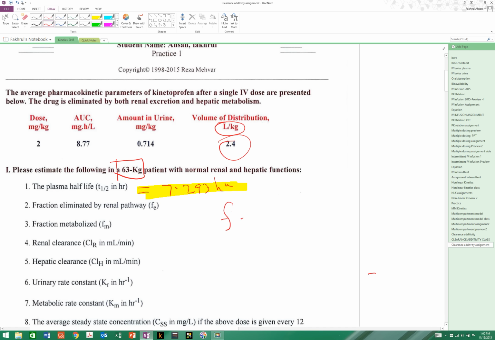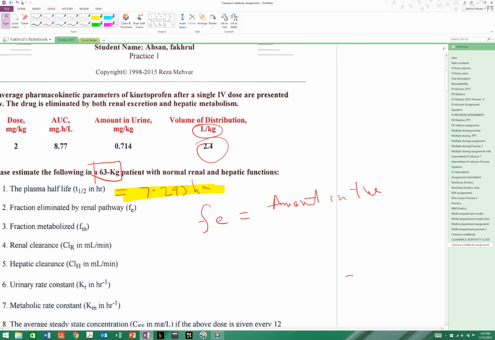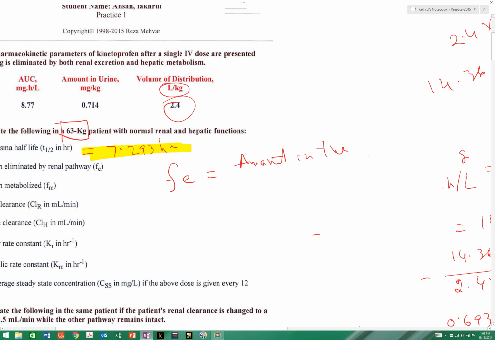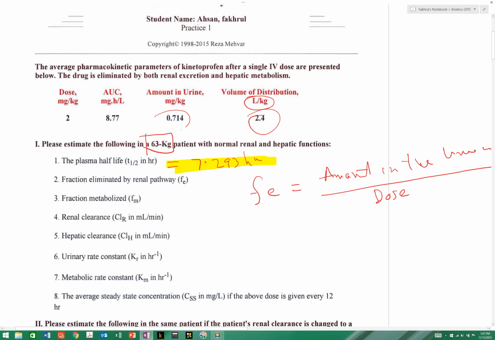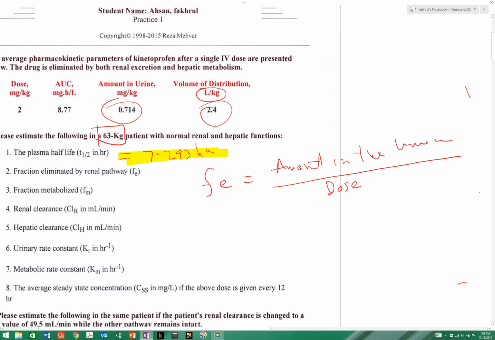This FE is going to be the amount in the urine by dose, and we know what the amount in the urine is. You see here, this would be the total amount in the urine per kilo of patient.